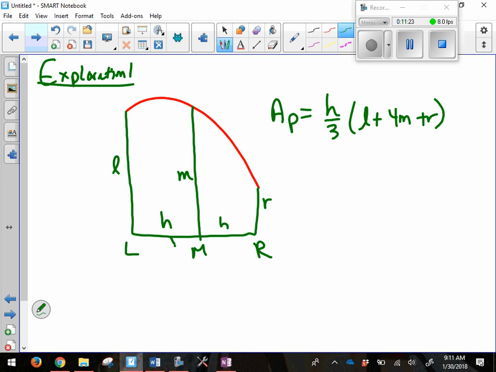And then what we're supposed to do, I think, is show that this is Simpson's equation. If you're going to use Simpson's equation, you have to have a function. So your function is going to be y equals ax squared plus bx plus c.